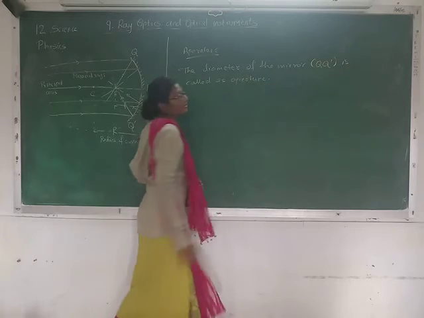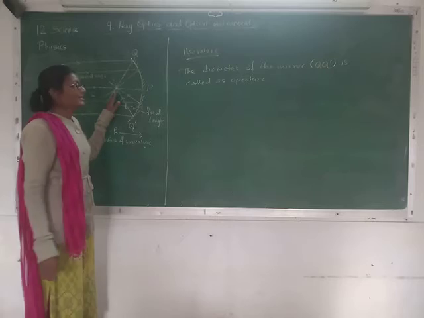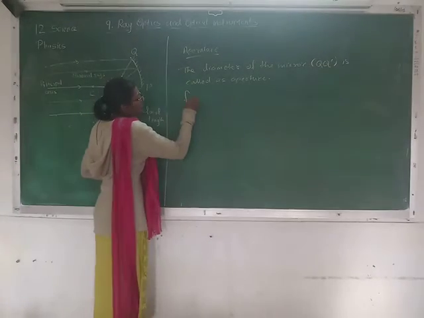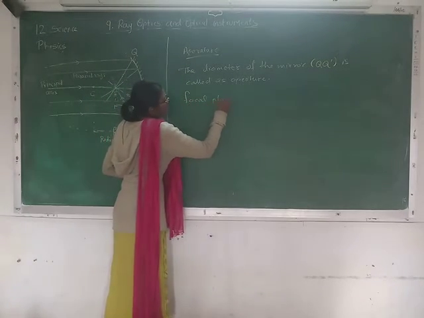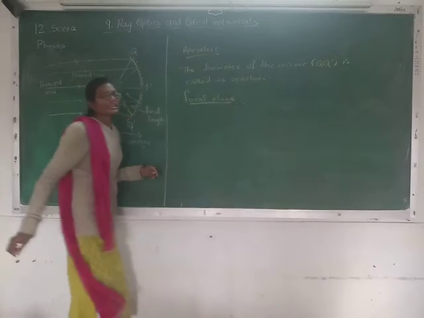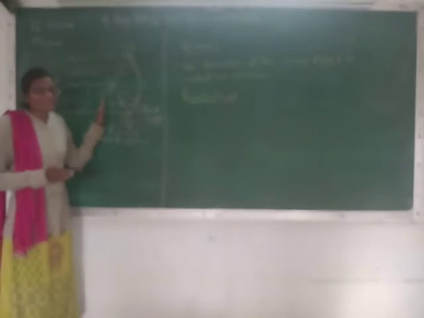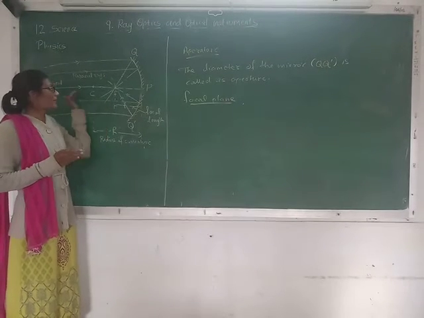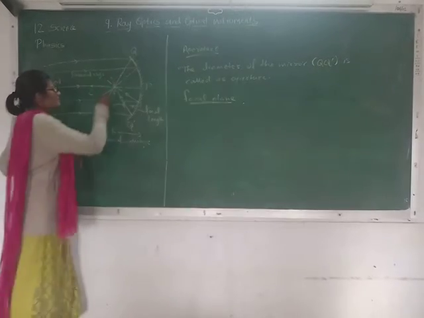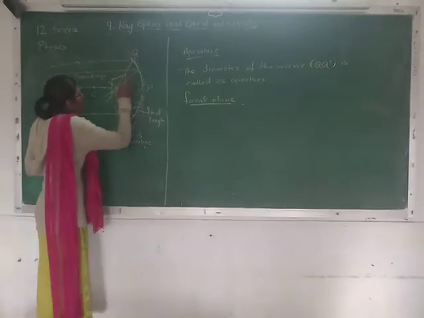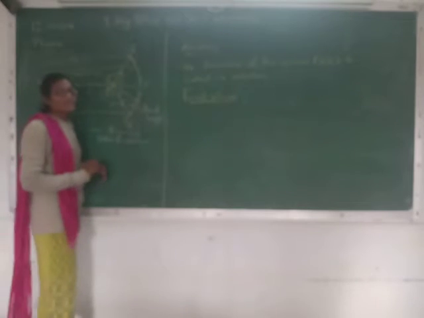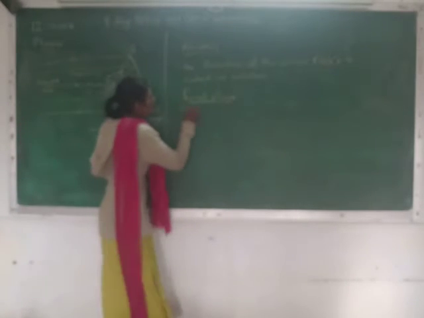Now, let us see the term focal plane. Here we have the principal focus, denoted by capital F. The plane that passes through this principal focus in such a way that the plane is perpendicular to the principal axis is called the focal plane.